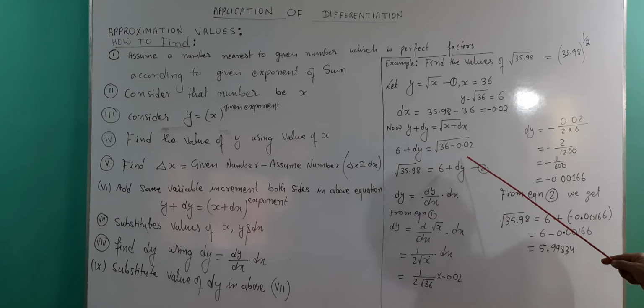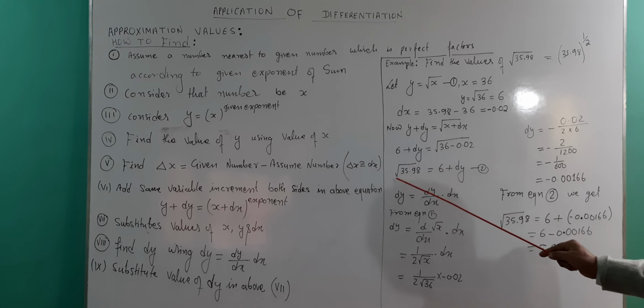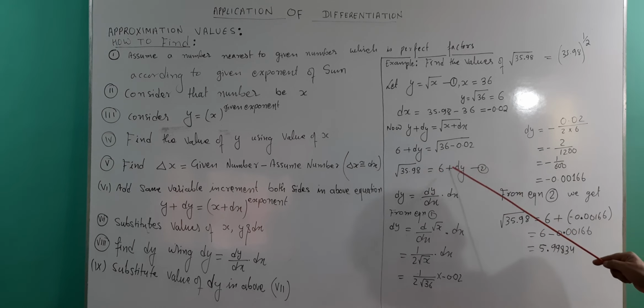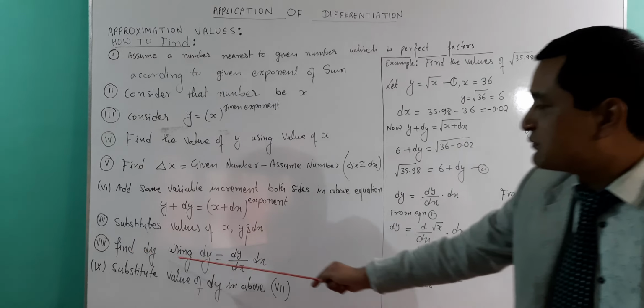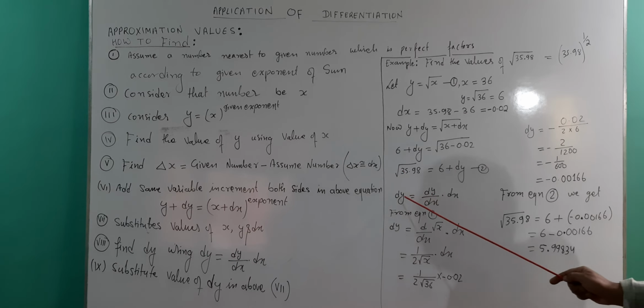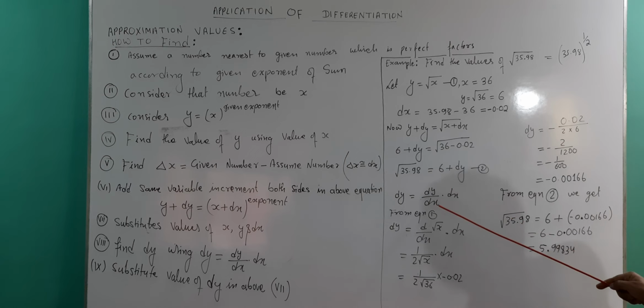Now to find the value of this given question, we have to find the value of dy. According to step 8, there is a formula to find dy. Dy equals dy by dx times dx. Dy by dx means differentiation of y with respect to x.